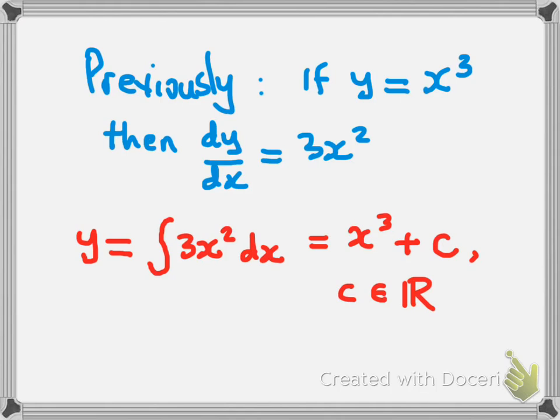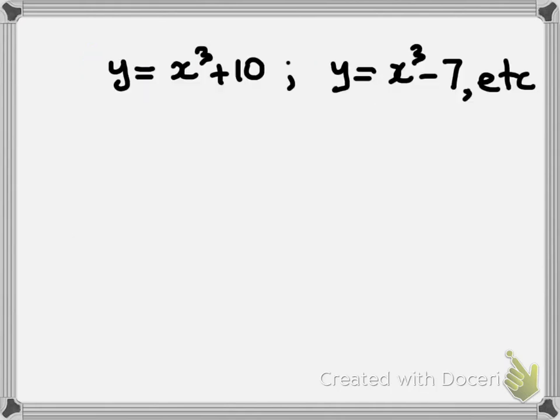So there's the antiderivative of 3x squared dx, which means that you are taking the antiderivative with respect to x. Your result will be x cubed plus c, where c is some constant, a real number. Now, of course, what this implies is that if you take the derivative of x cubed plus c, you will get exactly 3x squared back. And the c there implies that it could be any real number.